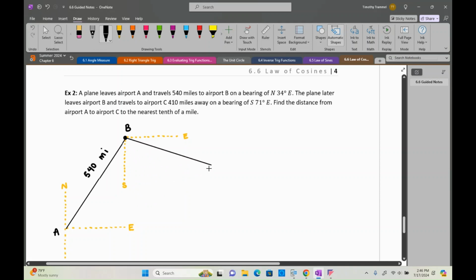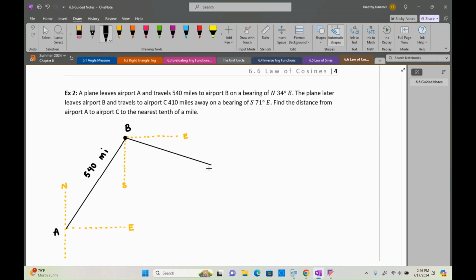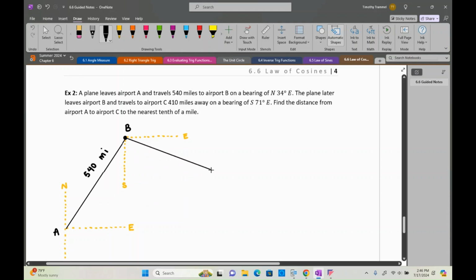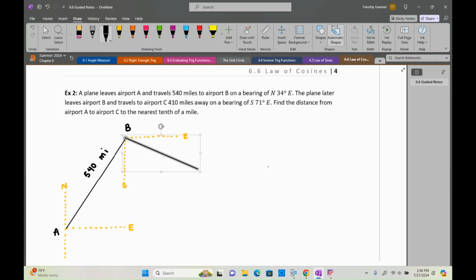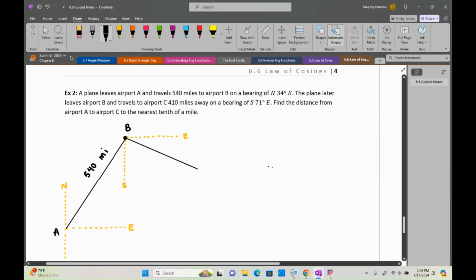And I only want to go 410 miles this time. So to make my picture have some accuracy, I'm going to try to make this one a little bit shorter. Maybe I'll go right in here. There we go. And so we have now landed at airport C here.